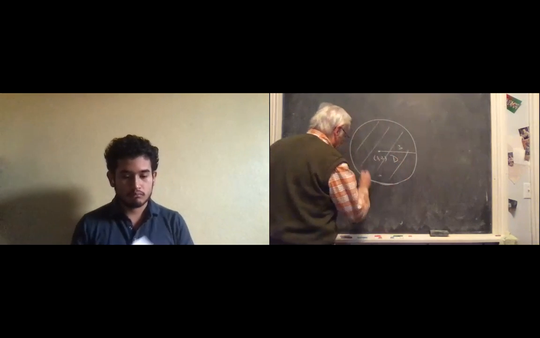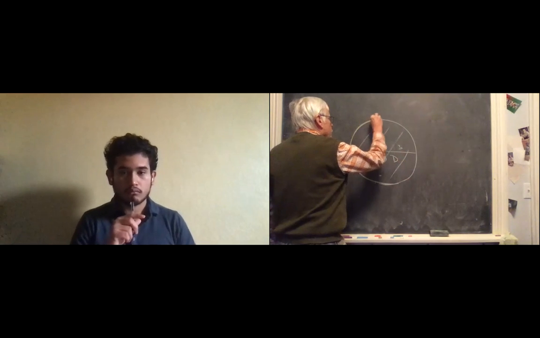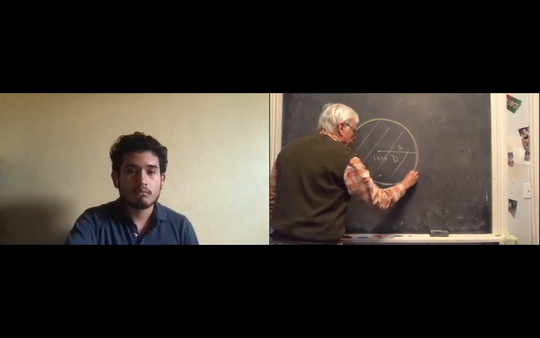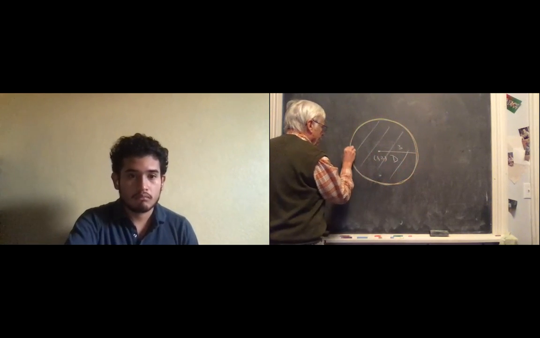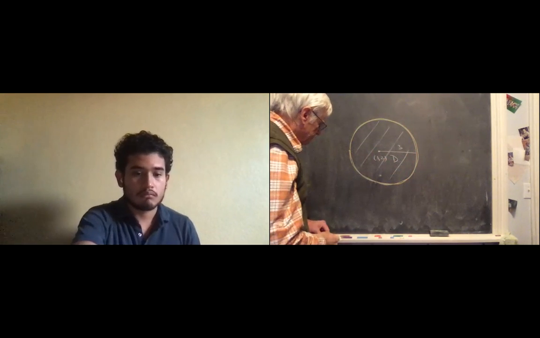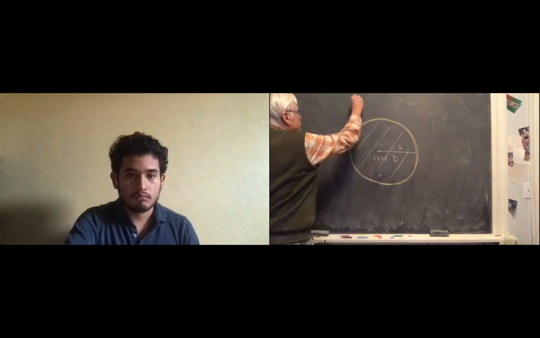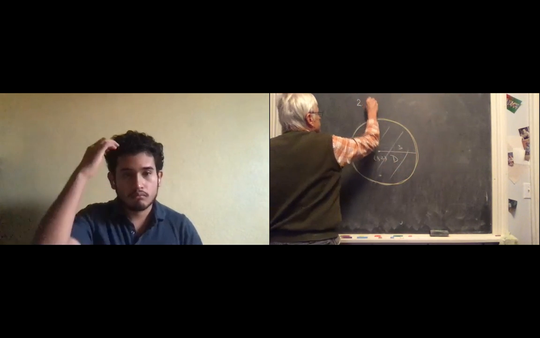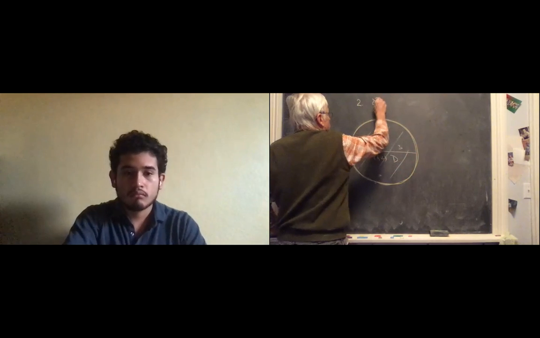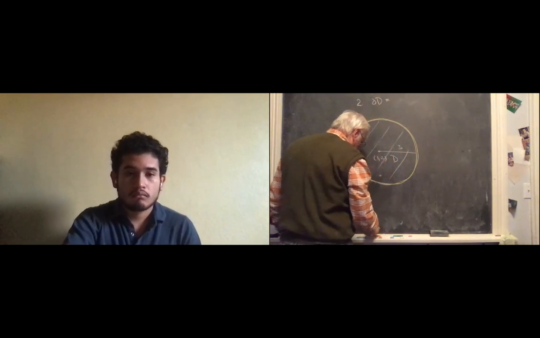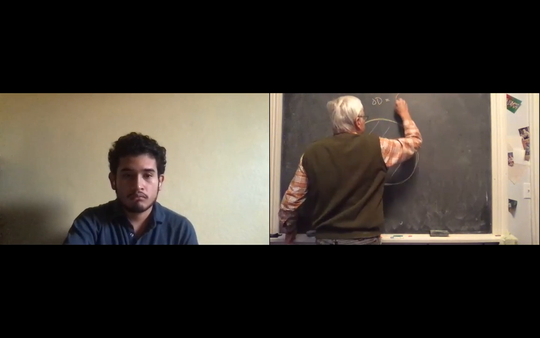So D is this entire thing, and the boundary of D is just this rim right here. There is the boundary. So the boundary of D doesn't have several parts in this case. It is just this single rim.